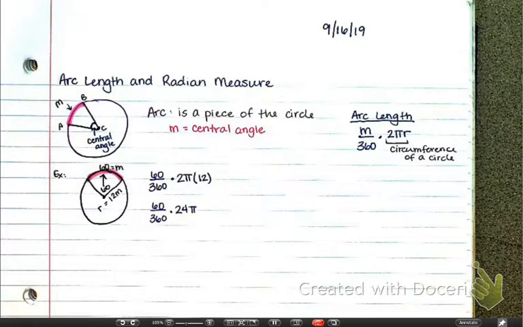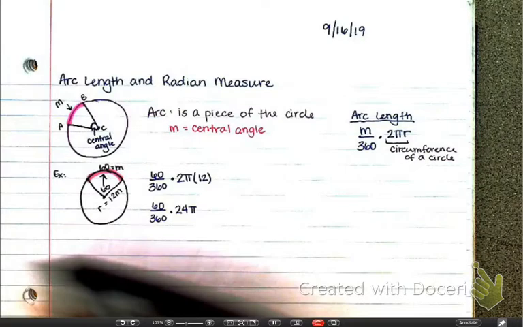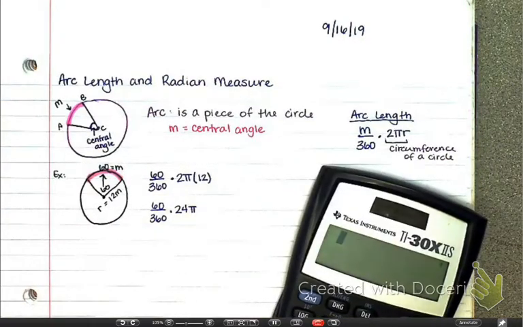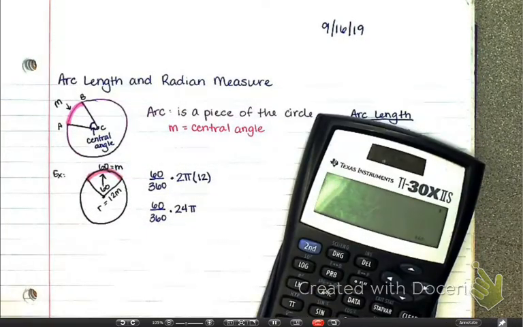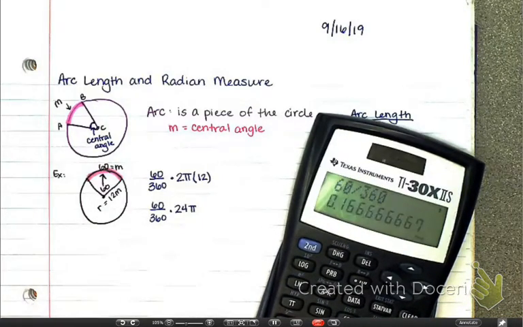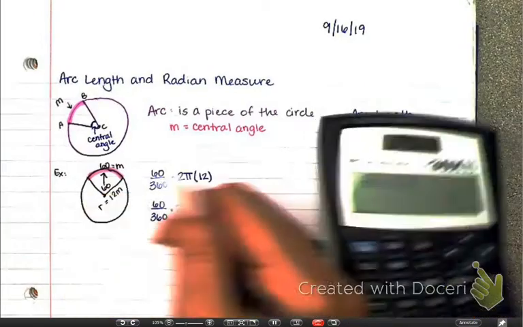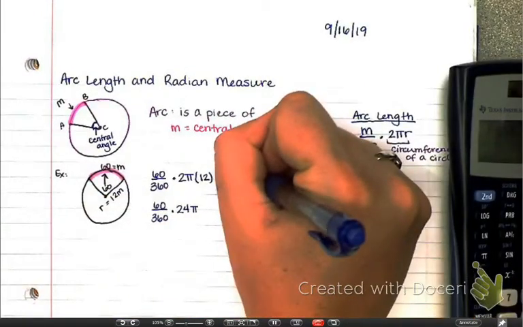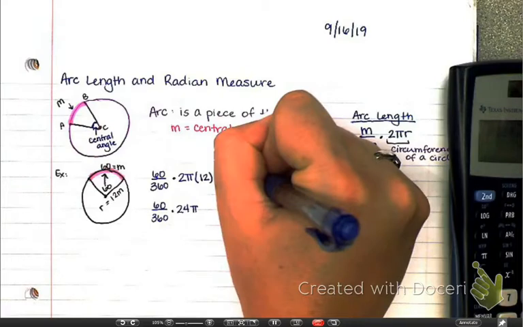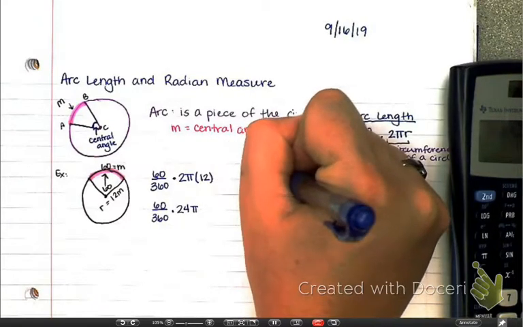Everyone okay with that? Okay. So in your calculator, here's what I would do. I know it's 1/6, but you can literally do 60 divided by 360. You have a decimal, times 24. So don't clear anything and just do times 24. What'd you get? 4. So my exact answer for arc length would be 4 pi.